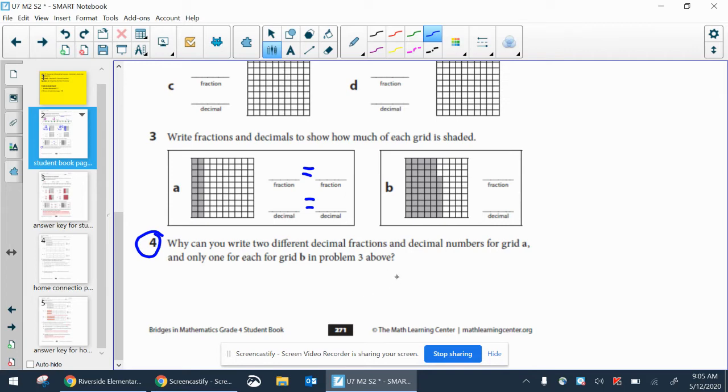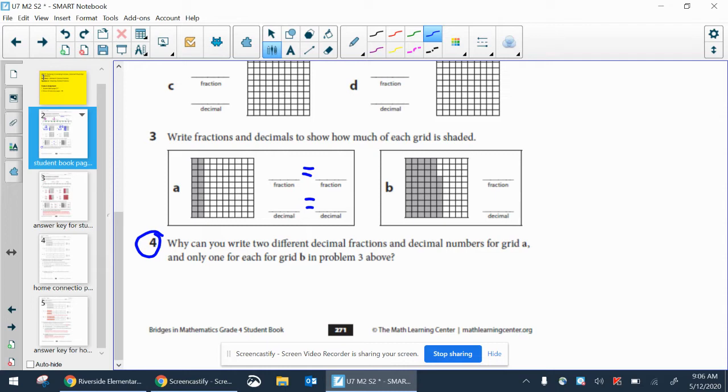So just to give it some thought, you could jot down a sentence or two reflecting on that question down here. There's lots of different right ways to answer this question. See which one makes most sense to you. And then, of course, when this page is completed, please check in on your answer key.